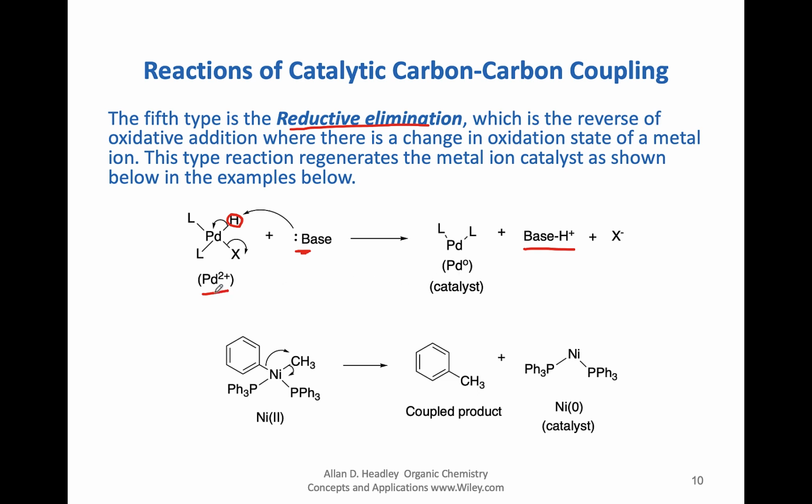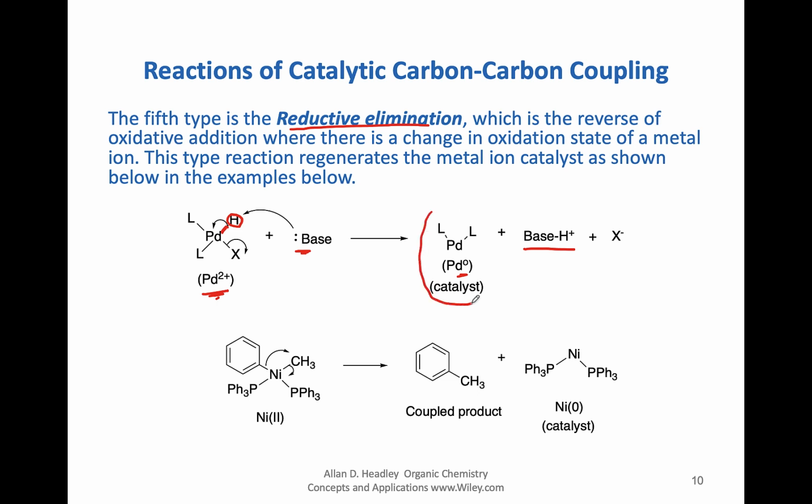Palladium goes from 2+ to palladium 0, which is the catalyst. Why? Because we have 2 electrons here. You may recall that reduction is a supply of electrons. So if we are supplying electrons to palladium, it goes from Pd2+ to Pd0, which is, of course, our catalyst. So it can be used again.